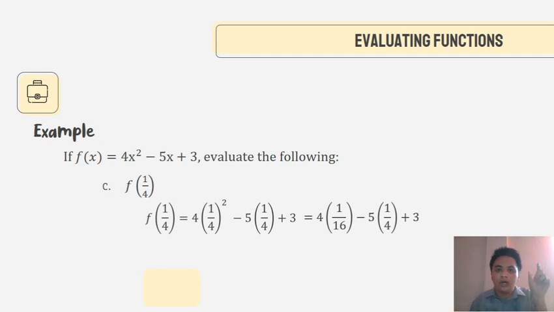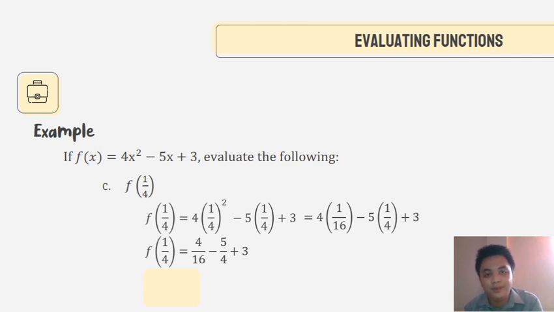So, magiging 4 times 1. So, ano mangyayari? Magiging 4 times 1, ilan? That's 4 over 16. Ngayon, minus 5 times 1 is again 5 over 4 plus 3. Okay? So again, I multiply the whole number doon sa numerator ng fraction.